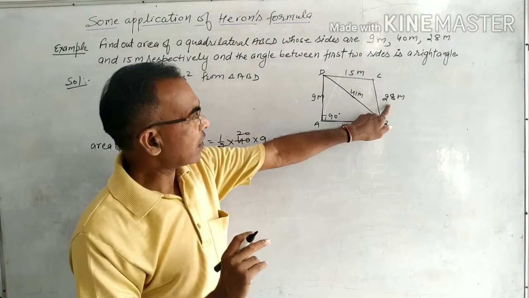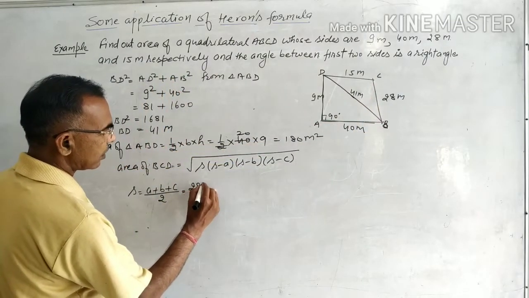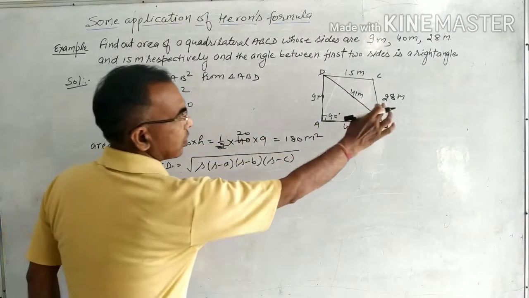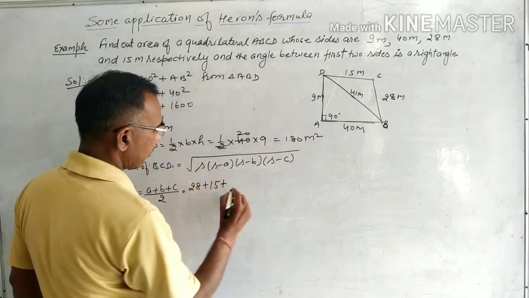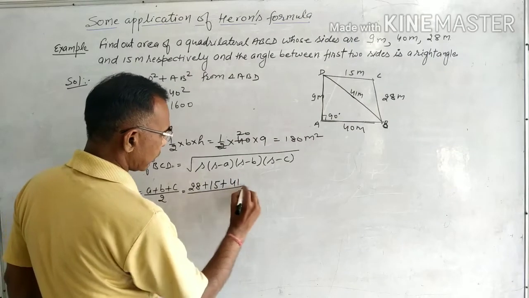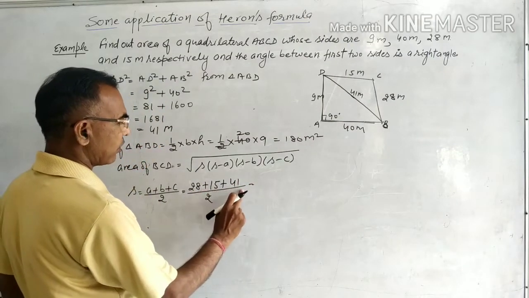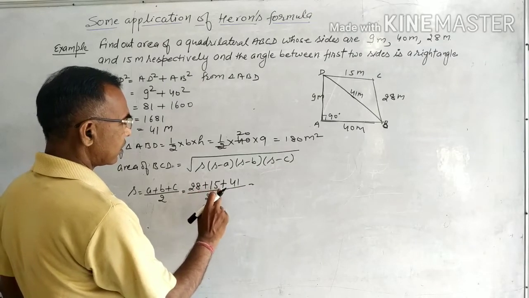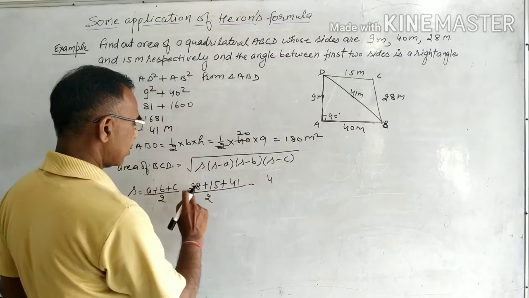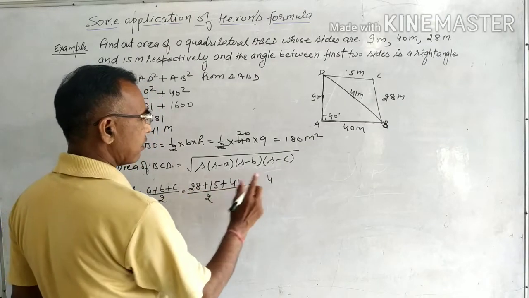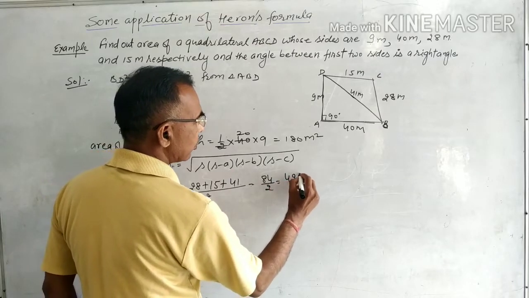Sides are 28, 15 and 41. So 28 plus 15 plus 41 upon 2. The sum of 28, 15 and 41 is 84, by 2, 42 meter.